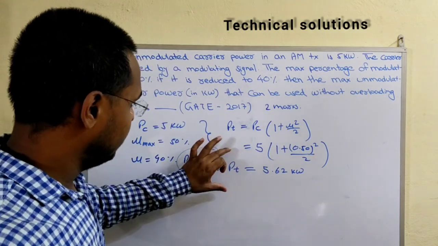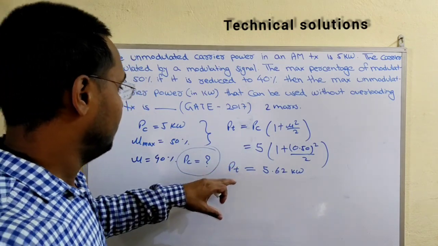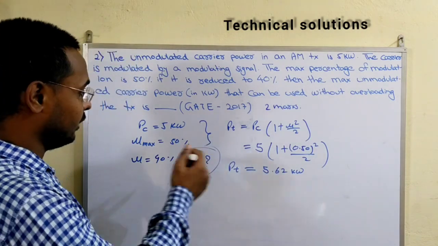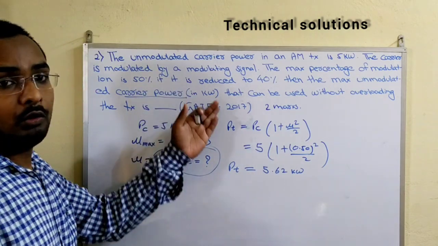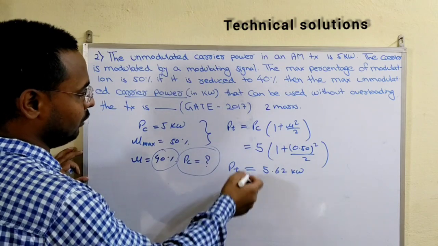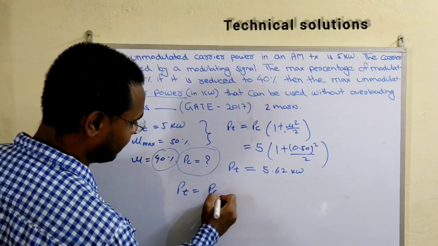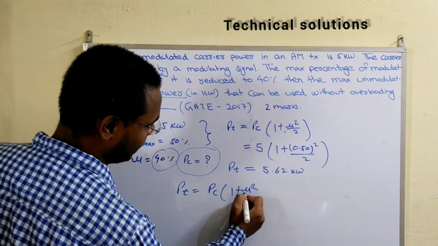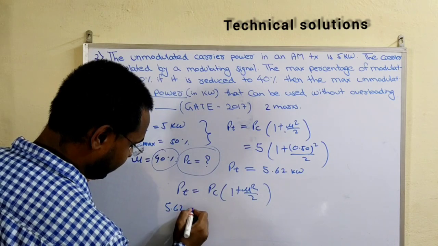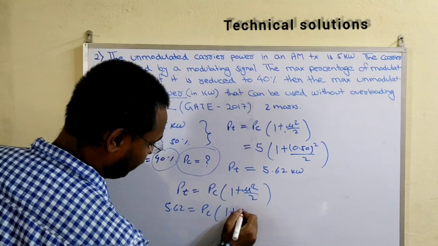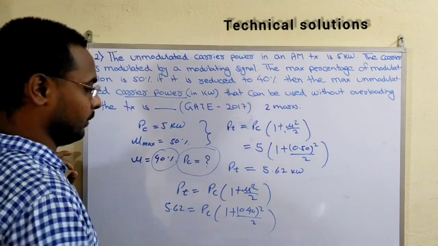Now you get the value of PT, and in this question the mu is further reduced to 40%, then the new carrier power in kilowatt you have to find out. Then you use this formula once again. PT is PC into 1 plus mu square by 2. PT is 5.62, equals PC into 1 plus 0.40 square by 2.